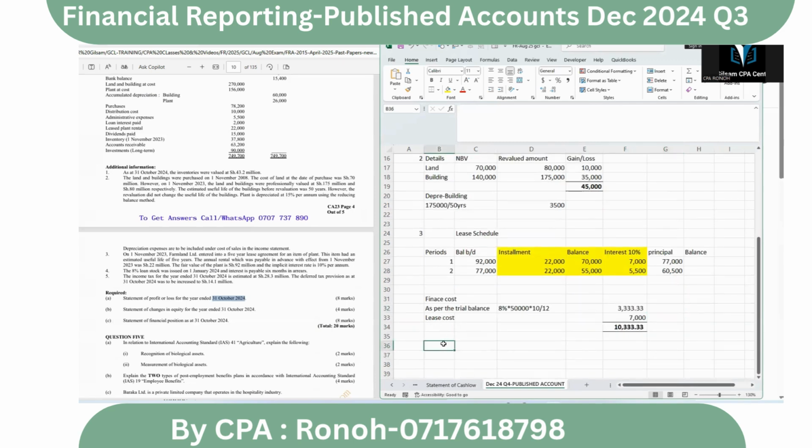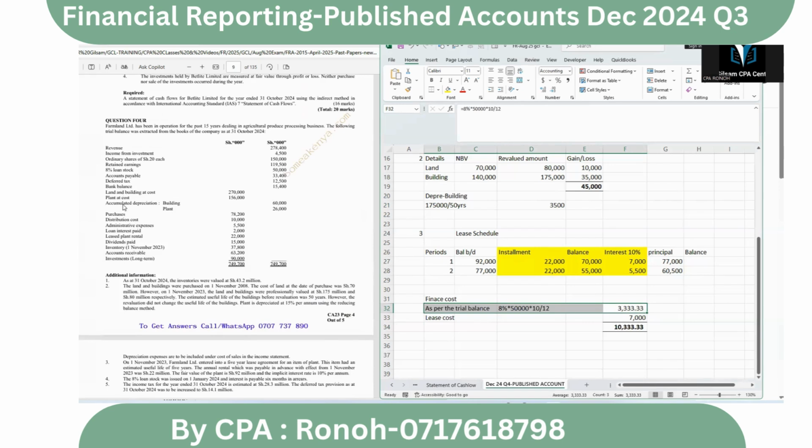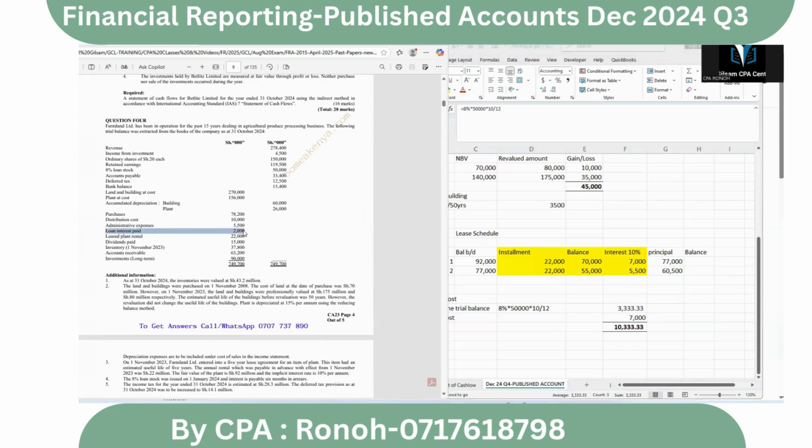But now with this finance cost, we need to calculate accruals. How much have they paid for this finance cost of the loan stock? Remember, this is the entire interest which you will charge as an expenditure. But now we need to check what they have paid so that you can know whether we have accruals. If you go back to your trial balance, we saw something relating to loan interest paid. They paid 2,000.